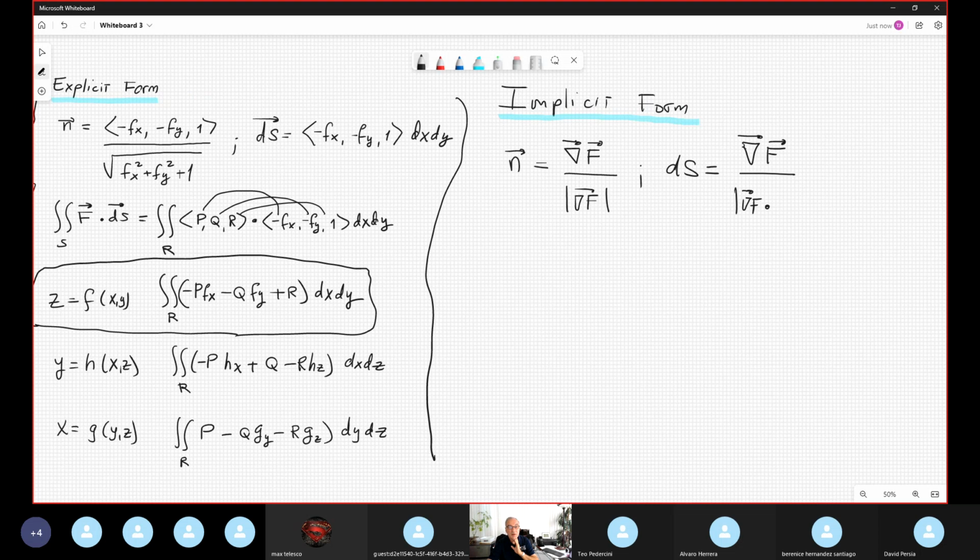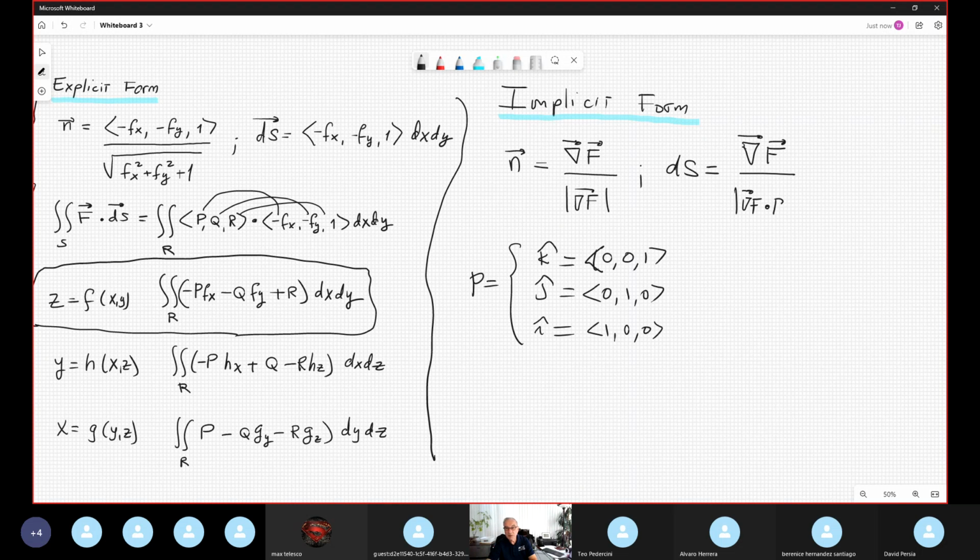Remember, the orthonormal unit vectors are the famous k, j, and i: 0, 0, 1, or 0, 1, 0, or 1, 0, 0. And it's multiplied by p.